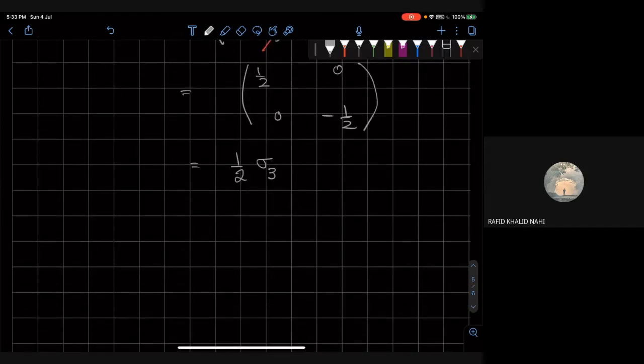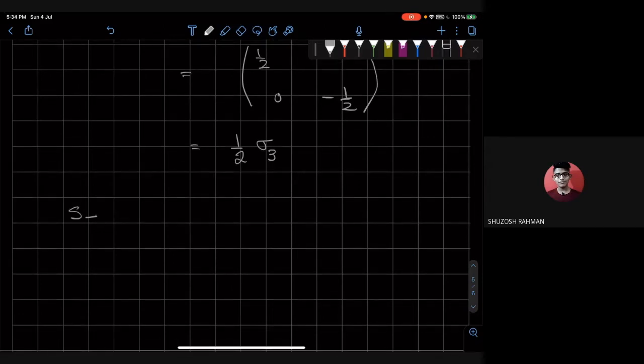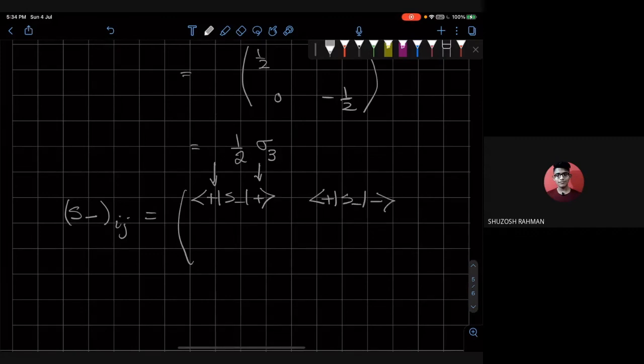So you're following what I'm doing, right? This is pretty amazing. Yeah, I know. So S minus, this is the power of mathematics. S minus ij is going to be <+|S−|+>, again this is the row and this is the column, then <+|S−|−>, then <−|S−|+>, and <−|S−|−>.